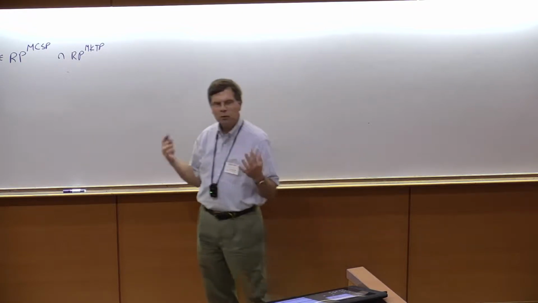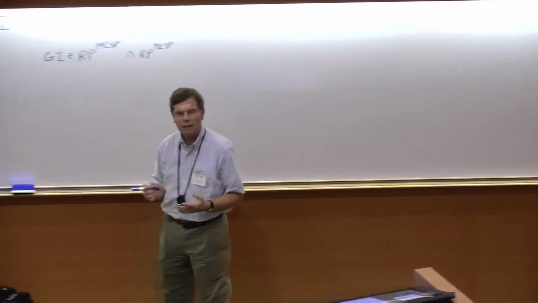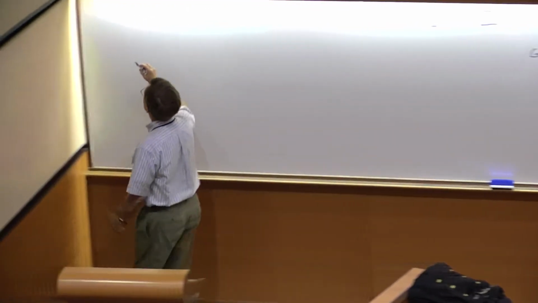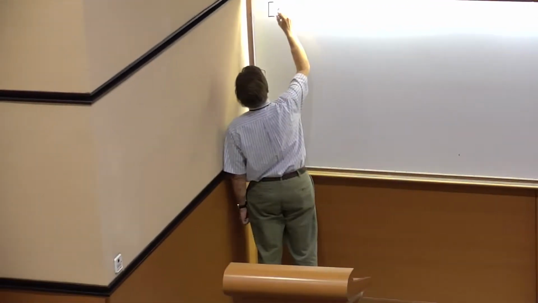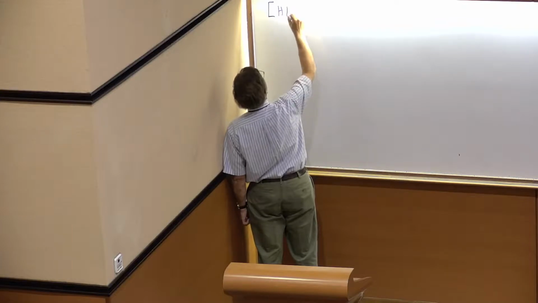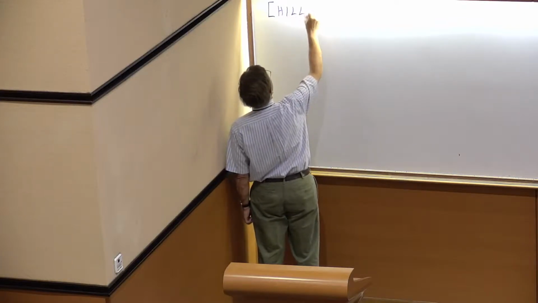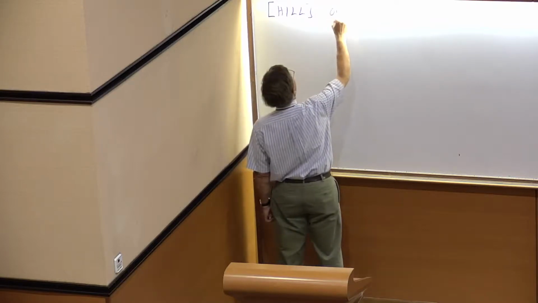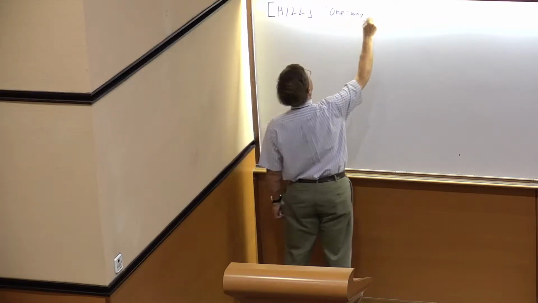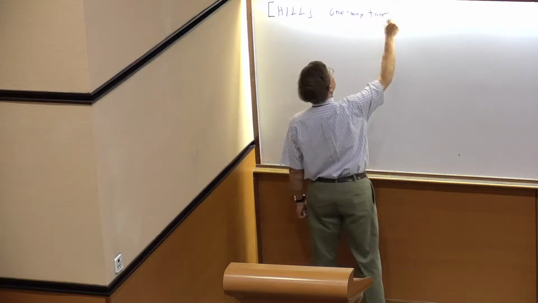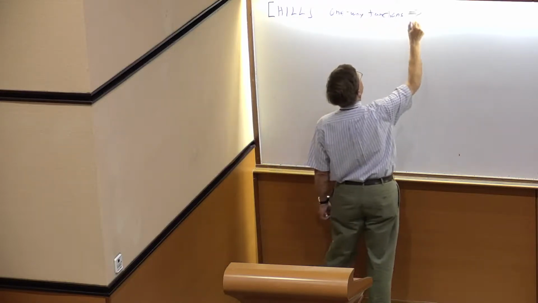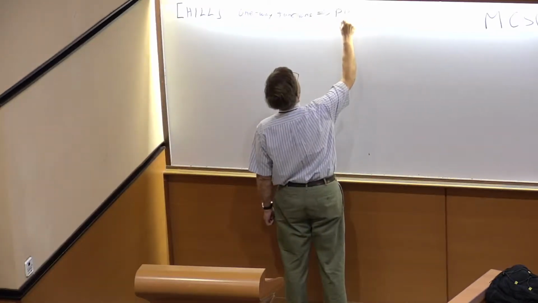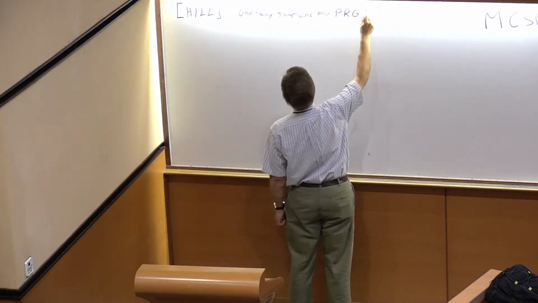Okay, the central tool that we're going to use here is a fact that goes back to a very lovely, important paper by Håstad, Impagliazzo, Levin, and Luby, which is usually stated as one-way functions, which means cryptographically secure one-way functions, imply pseudo-random generators.